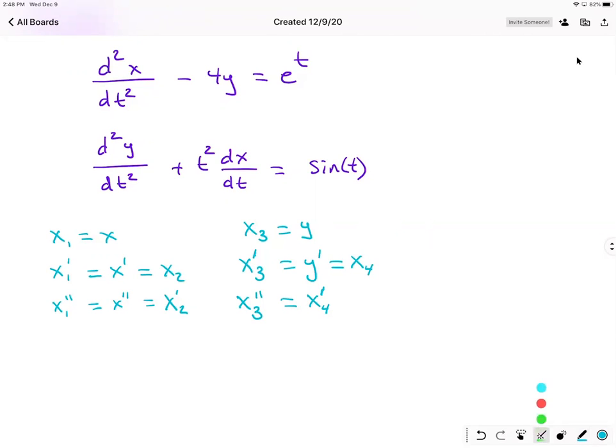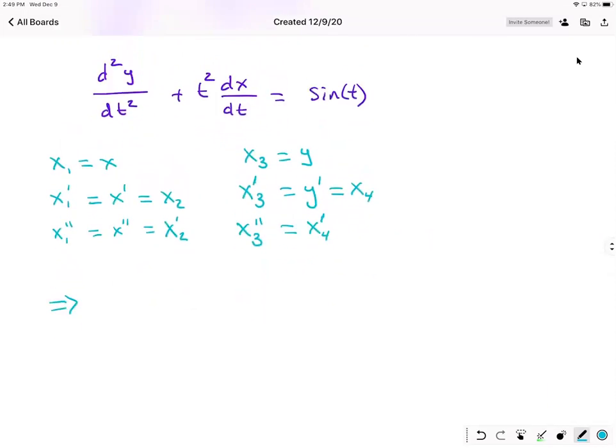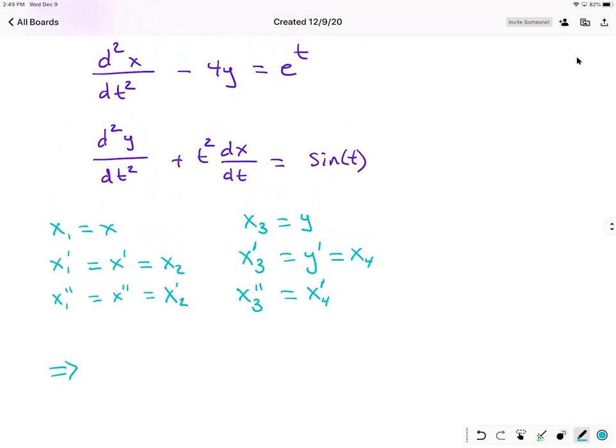So what I've done is make this substitution. I've converted the x second derivative and the y second derivative into a system of equations in x1, x2, x3, and x4. Let me write this. I'm just going to start with the one on the top.